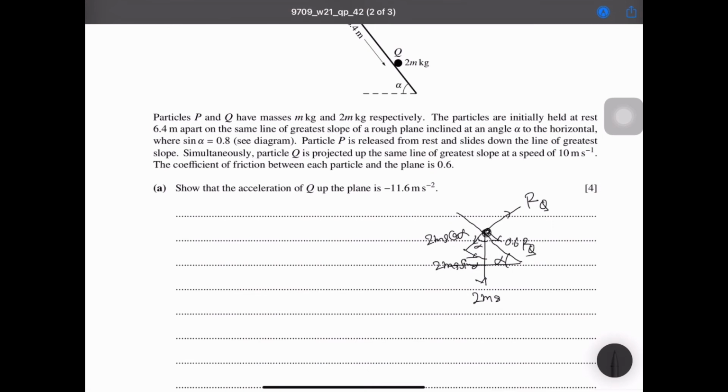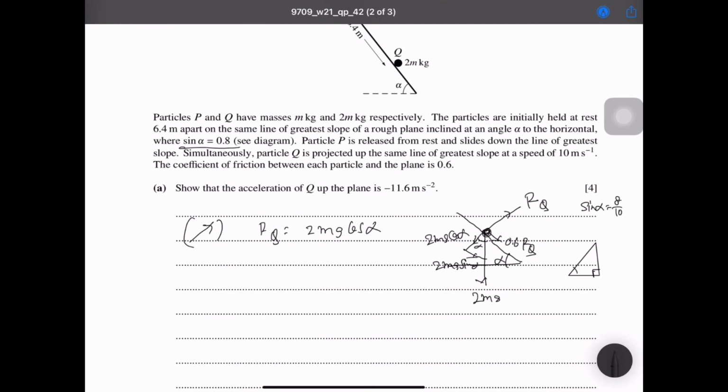Let us resolve perpendicular to the inclined plane. RQ equals 2mg cos alpha. It is given that sin alpha equals 0.8. Let me draw a right angle. This is 90 degrees, so sin alpha is 8 by 10.